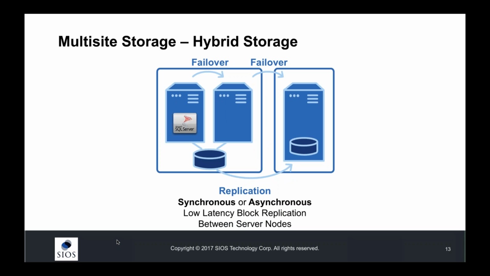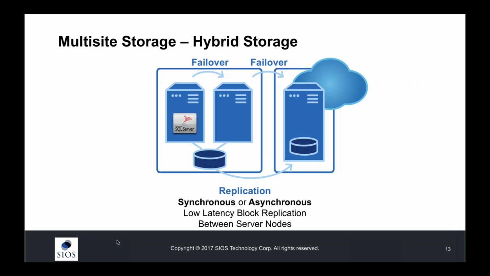So now we'll move into multi-site storage with some hybrid storage options. So I could have some local clusters running, and then I could even put another node up in the cloud. So in this case, I have this replication going from my local data center, and given latency requirements, put another synchronous copy up in the cloud.